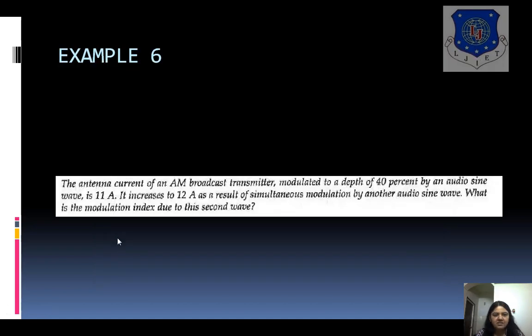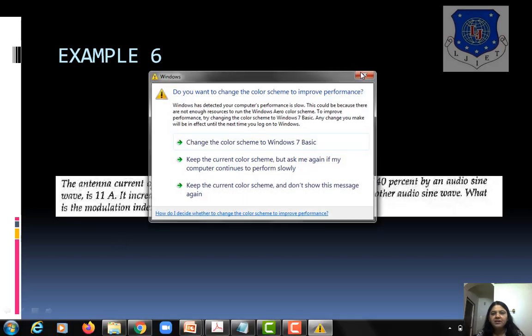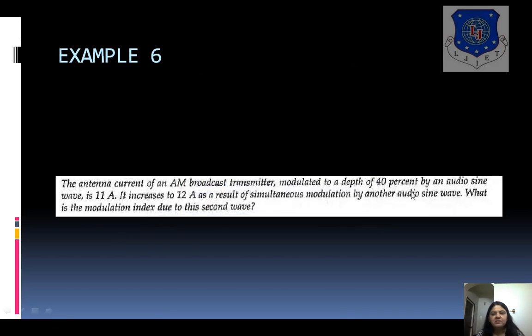Example number 6. The antenna current of an AM broadcast transmitter modulated to a depth of 40% by an audio sine wave is 11 ampere. It increases to 12 ampere as a result of simultaneous modulation by another audio sine wave.